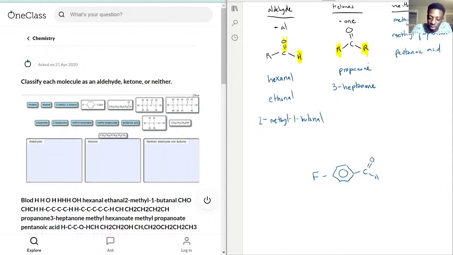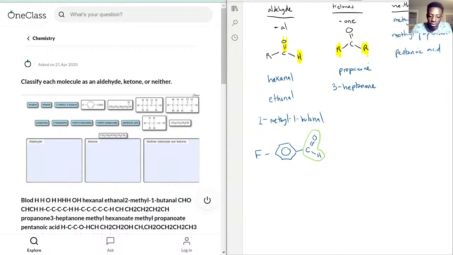So that's why we have a double bond here. So with that being known, if this is what we're given, this right here tells us this is an aldehyde functional group with the fluorine and the benzene ring, then it ends with double bonded C and an H at the end. So this right here is an aldehyde.